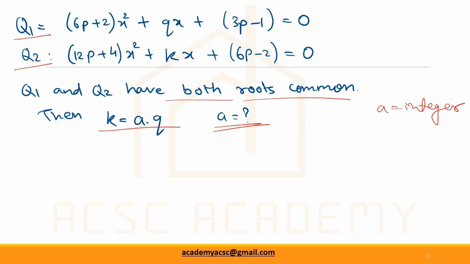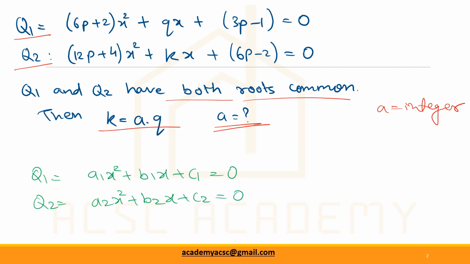So let us say there is this Q1 as a1x squared plus b1x plus c1 equal to 0, and we have a Q2 as a2x squared plus b2x plus c2 equal to 0. Now if I say that Q1 and Q2 have both the roots as same, then you will not directly say that Q1 is equal to Q2, because it is possible that Q2 is some constant times Q1.